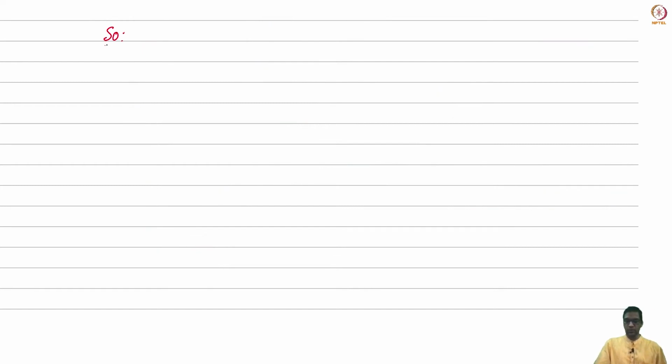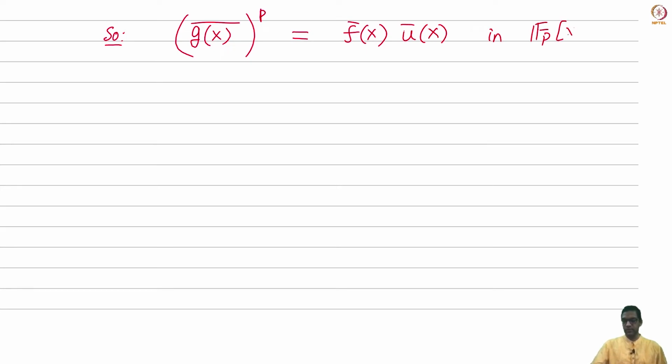So what do we get? We have g bar(x) whole power p is the same as f bar(x) u bar(x). It's an identity which holds in F_p[x]. But what does that mean?